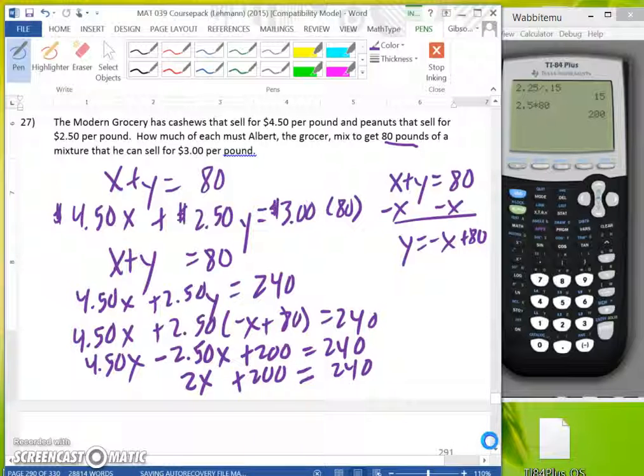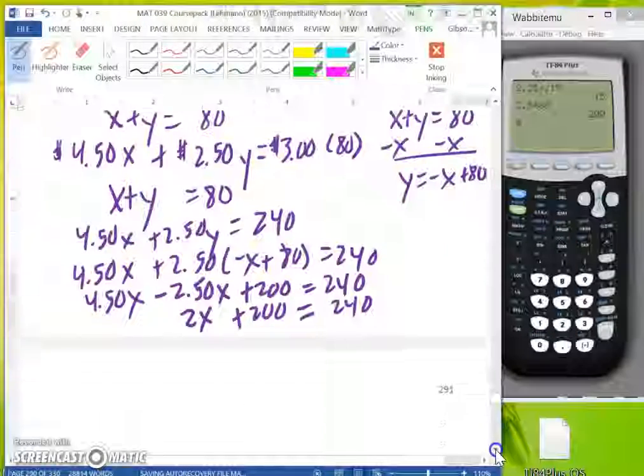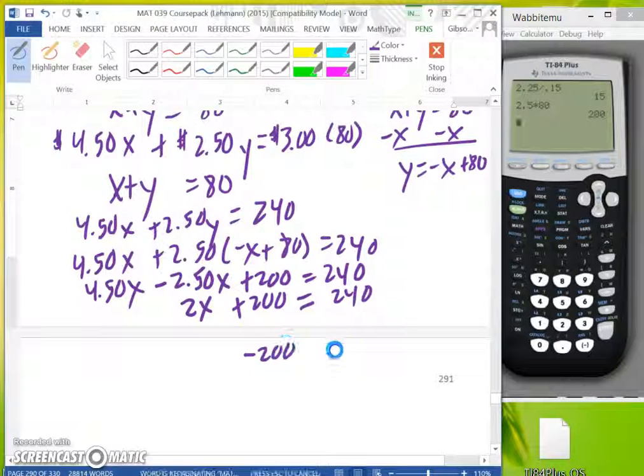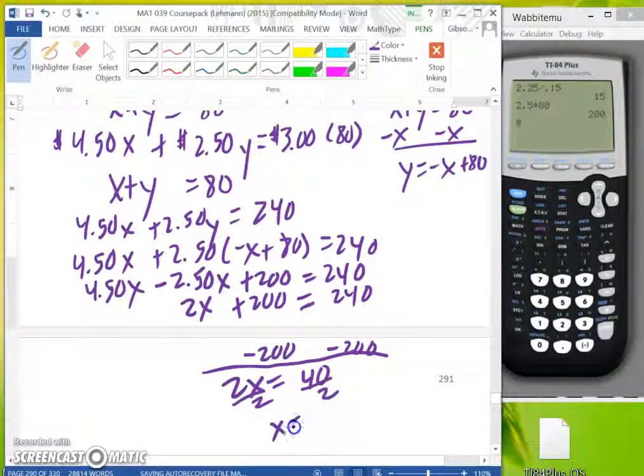Now we will subtract 200 on both sides, because remember we're trying to get x by itself. So we have 2x is equal to 40. Divide each side by 2, and x is 20. So remember, x represented our cashews, so it's 20 pounds of cashews.